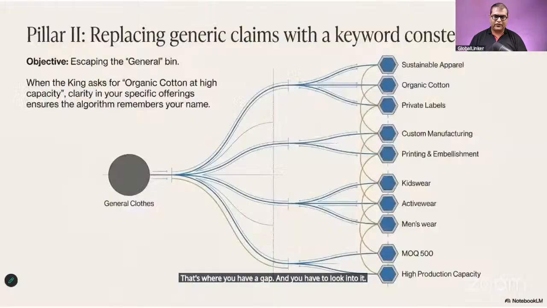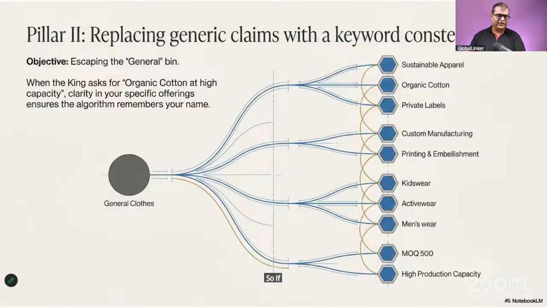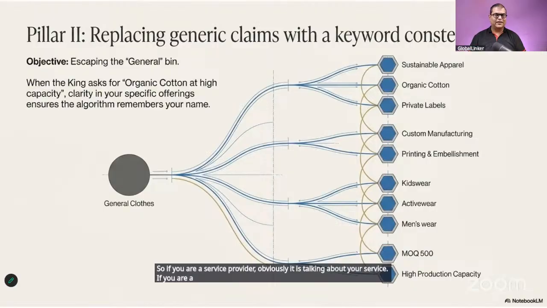Let's move on to the second component, and that is where the action happens. Why do I say this is where the action happens? This is what you do. If you're a service provider, obviously it is about your service. If you deal in products, obviously it is about the products. And this is where all of you should have product detail pages on your website.